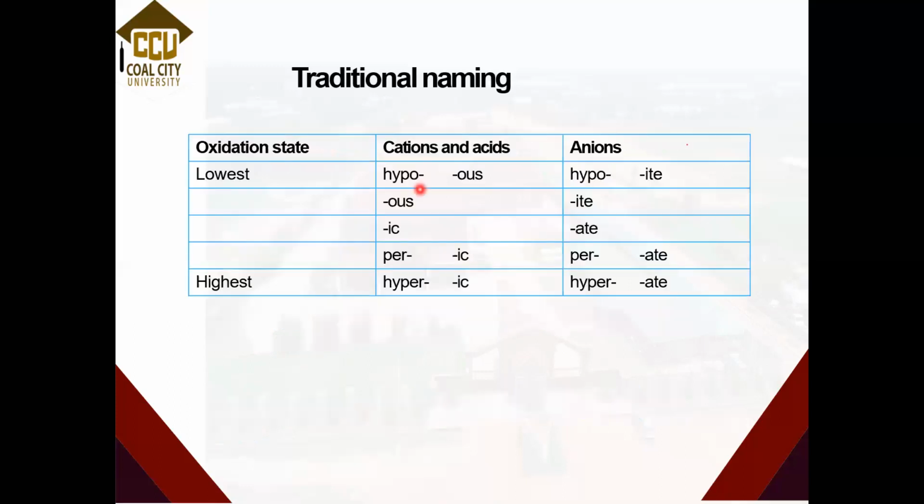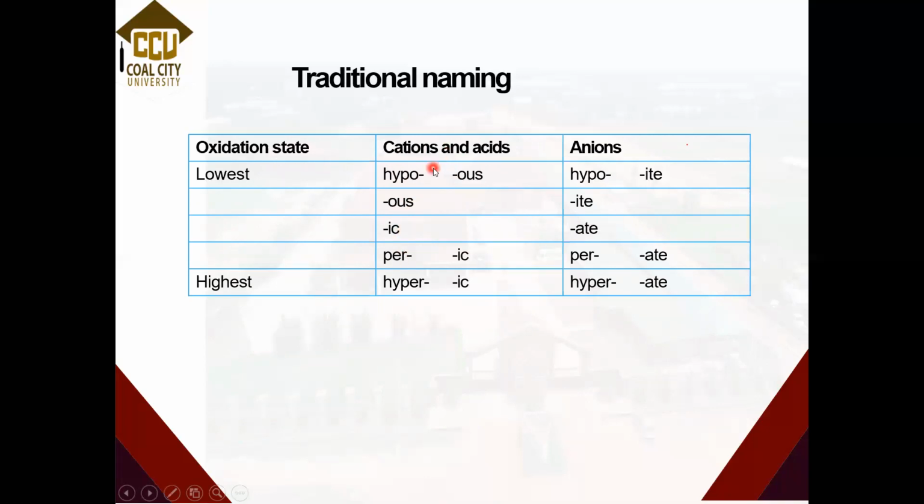Let's see that. For example, if it's the lowest form, as we've already mentioned before, we use hypo in front of it. As the positive charge begins to increase from 1 to 2, we remove the hypo and just call it by the name. If we have another one, we put an -ic. If we have another one, we use a per-ic.